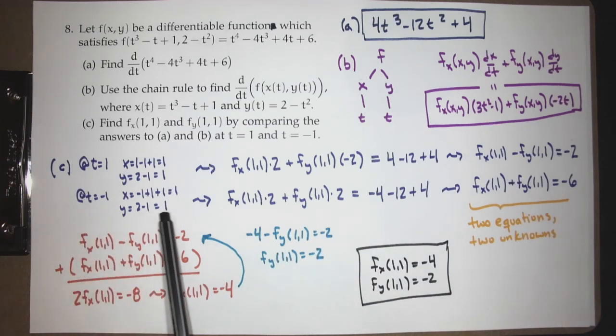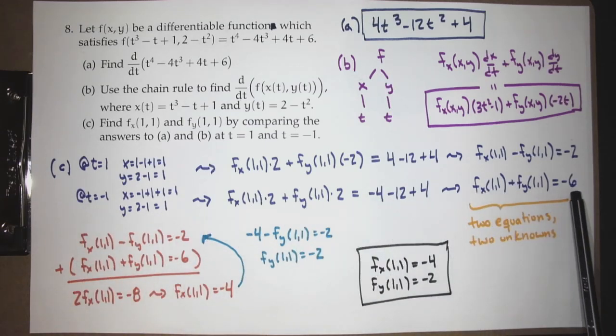Plug in t equals -1, and again, another relationship. And you fall into the classic 2 equations, 2 unknowns. We are pros at 2 equations, 2 unknowns. And so now you just combine them together, and you solve, and you get your values. And life is good. All right, any questions for this one?